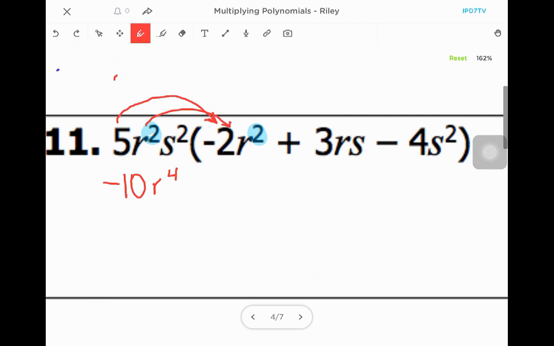Now, you're saying, well, what about the s squared? This thing right here, negative 2r squared, doesn't have an s squared. Okay, well, if it doesn't have it, we're just going to tag it on the end. Boom. Just tag it on the end. You don't have to worry about it. It doesn't have anyone to add to, so you just tag it on the end.